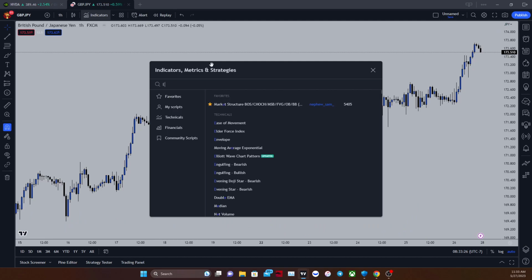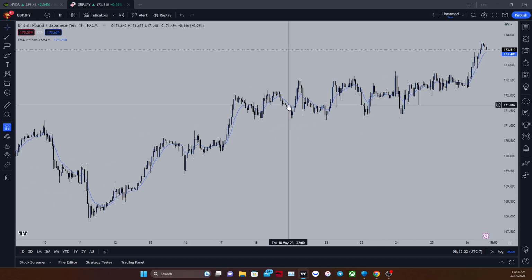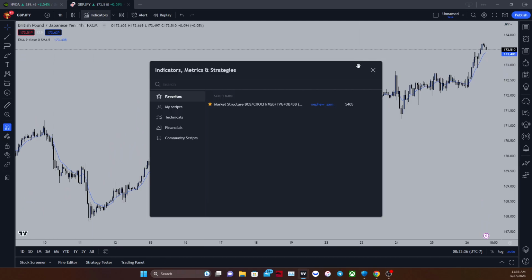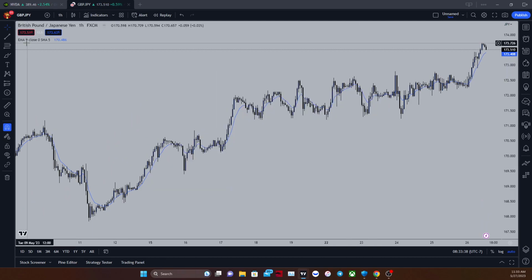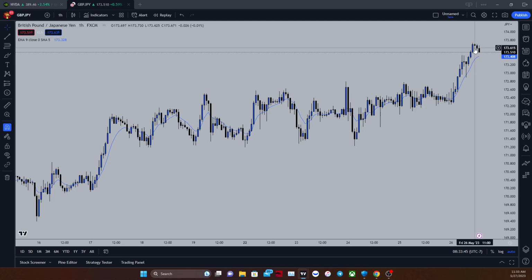And EMAs. What an EMA is, it's just a moving average. When you first click on EMA as an indicator, it's loaded on here at 9. What that means is, we're on the 1 hour time frame, it's taking the previous 9 candles right here and giving the average price of it and drawing it out in a line.